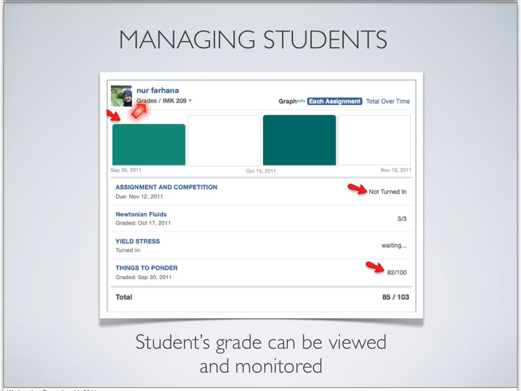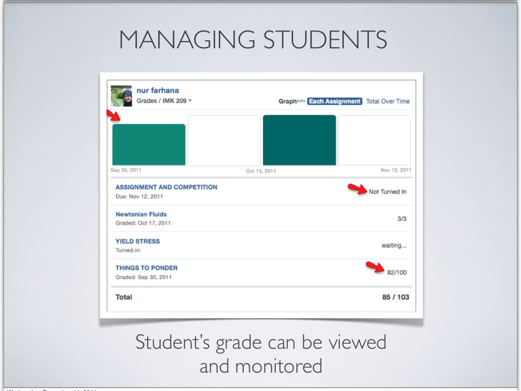This is the student's page showing their detailed grades for all the assignments and the activities that you have given in Edmodo. So for example, here is the student's assignment, the quiz in this case, and another assignment, and another assignment here. So you can also see the status of the assignment.